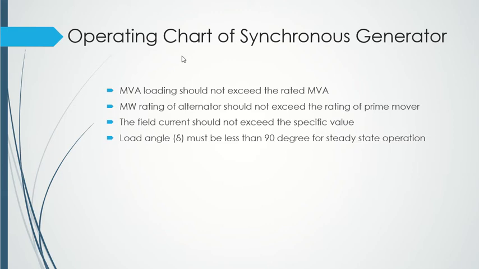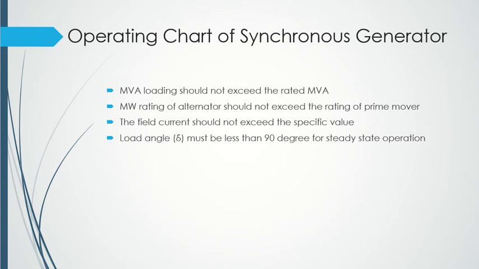And how does this capability curve decide it? It decides it on the basis of four major things. The first thing I've listed is that MVA loading should not exceed the rated MVA, right? So what actually happens when my alternator is loaded?